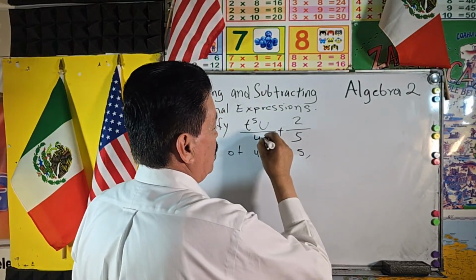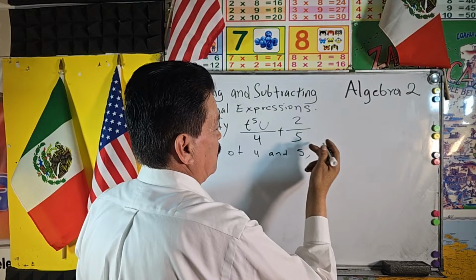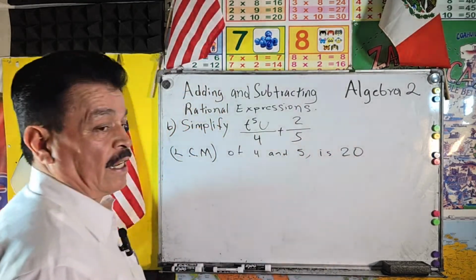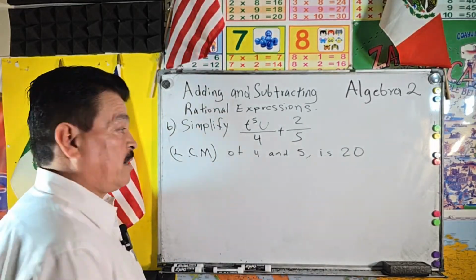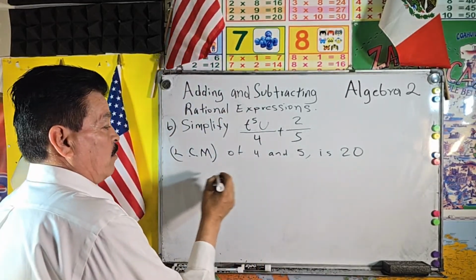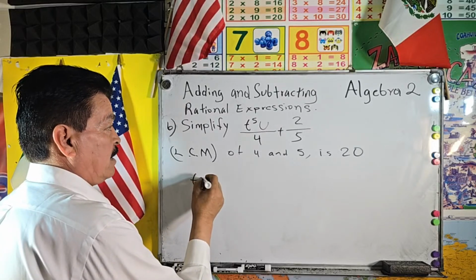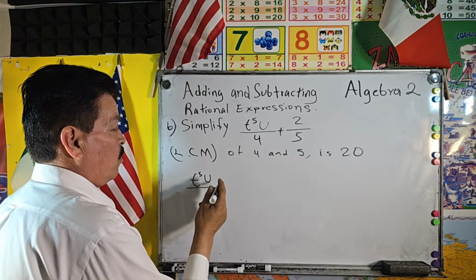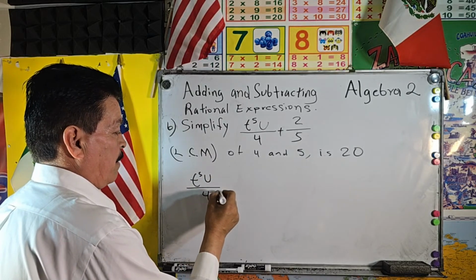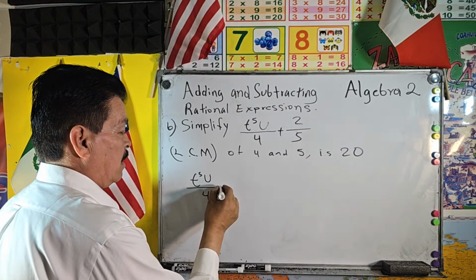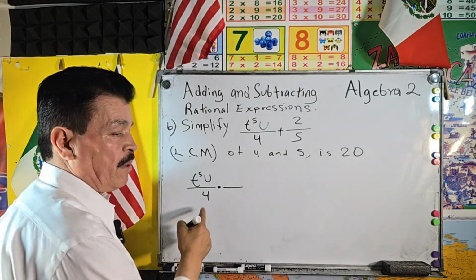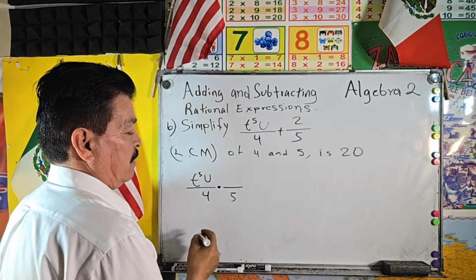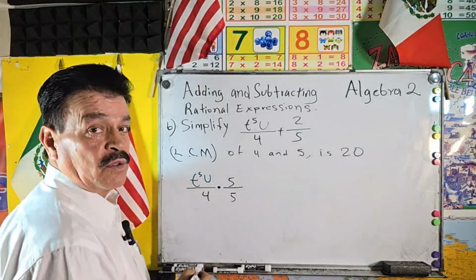Immediately you see you multiply 4 times 5 is 20. So 20 is the least common multiple, all right? So now, remember, multiply this expression, t to the fifth power u divided by 4, times which number? 4 times 5 is 20. So 5 right here, 5 on the top too.